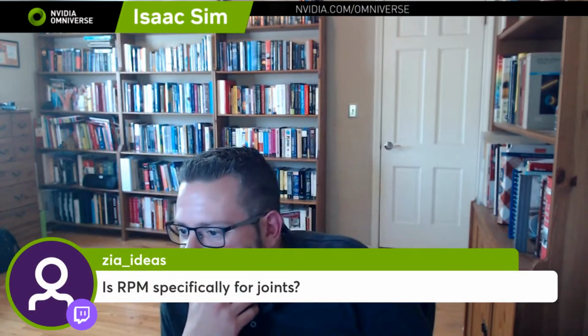There's a question. Zia Ideas asks, is RMP specifically for joints? So what RMP is producing is an output, an action, and at least for robotics, generally we're thinking about joints, whether they're prismatic or revolute joints.